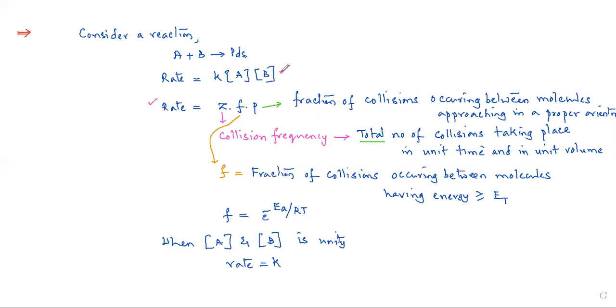Rate becomes equal to K when concentration of A and that of B is 1 M. So now K can be written as equal to Z into F into P, right? Because rate has now become equal to K.